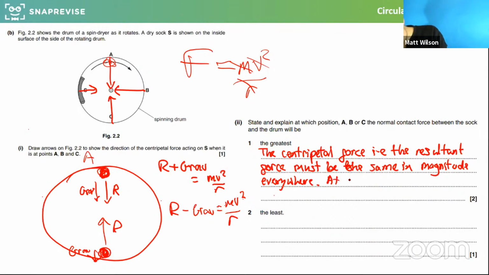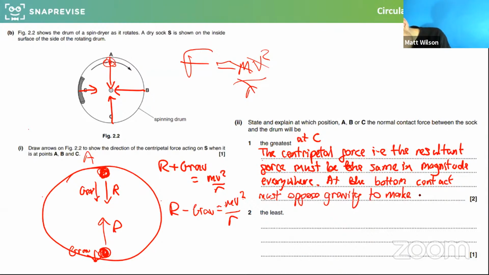At the bottom, I should say here, the contact force would be the greatest at C, because the centripetal force is the same everywhere, and at the bottom, the contact force must oppose gravity to make the centripetal force.